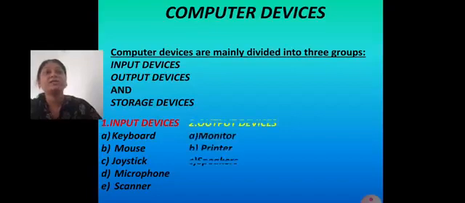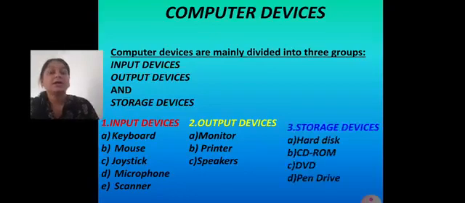Output devices are monitor, printer, speaker. Storage devices are hard disk, CD-ROM, DVD, pen drive. Now let's see all these devices one by one in detail.